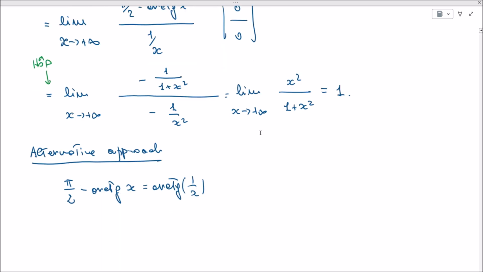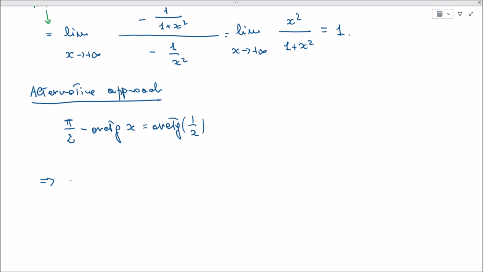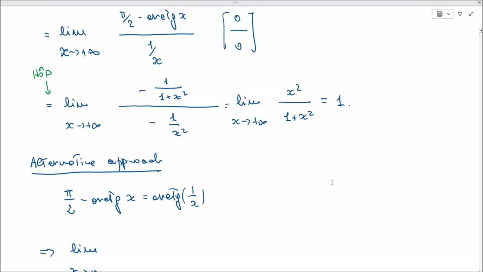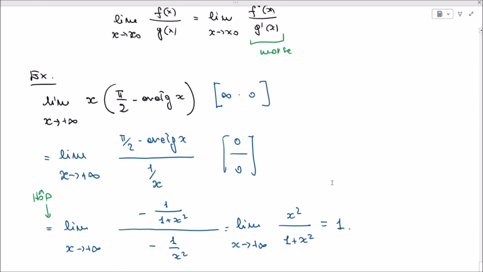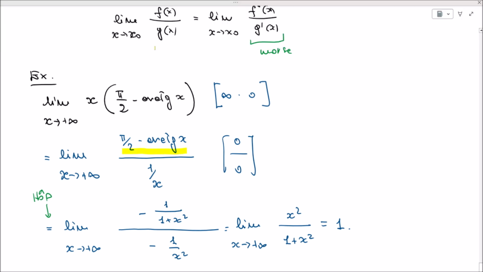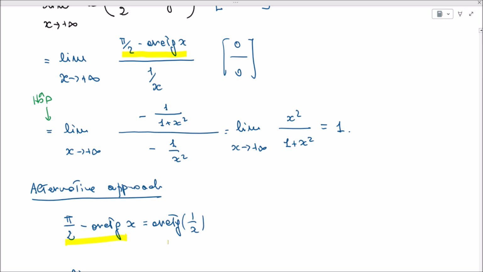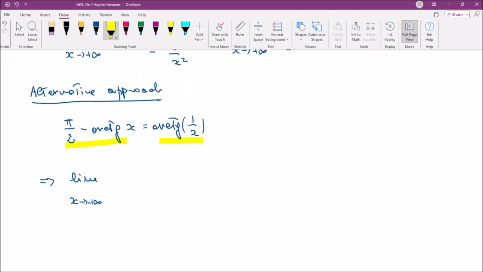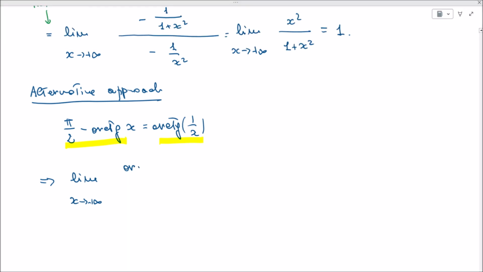And if we use this, well, the limit becomes limit as x goes to plus infinity of, instead of having this pi over 2 minus arctangent of x, we'll just replace this with arctangent of 1 over x, so that we get arctangent of 1 over x at the numerator divided by 1 over x.